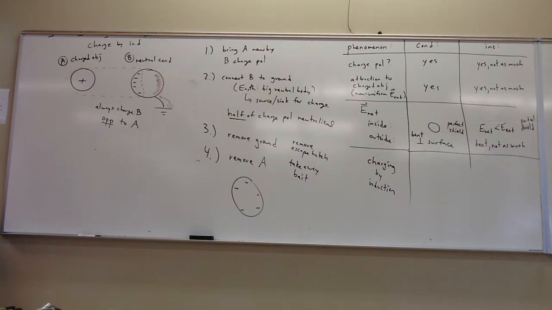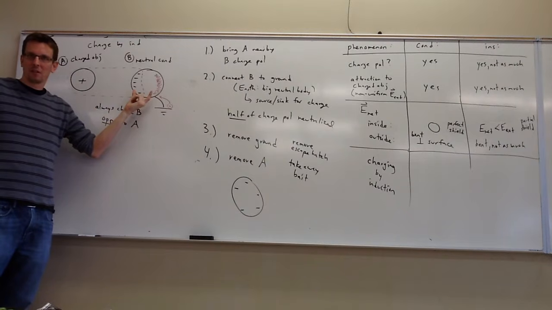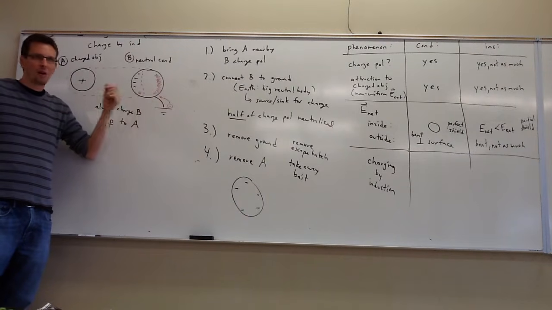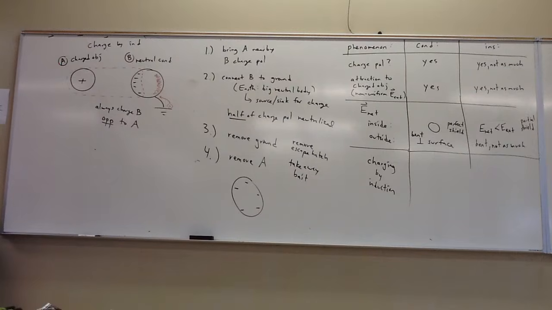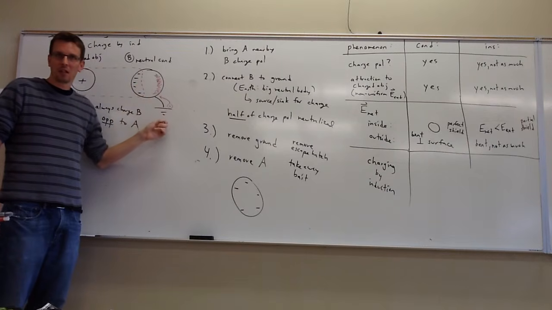So that is called charging by induction because we never touched A and B, right? A just is in the vicinity. It plays a role, to be sure. It charge polarizes the object. That means that all of the plus and minus on that object is no longer intermixed, it's separated. Then we connected this object to something else, the Earth, but the Earth is also neutral.